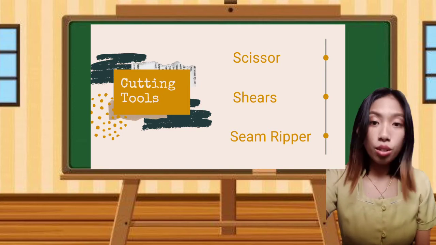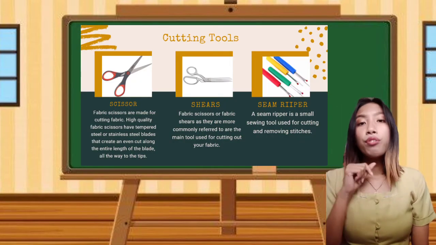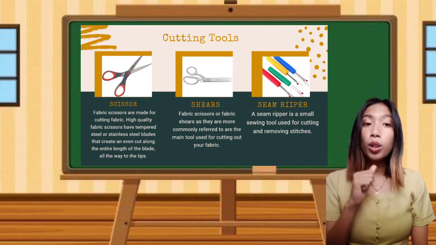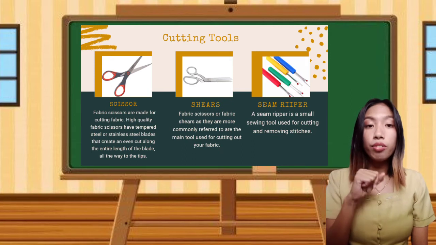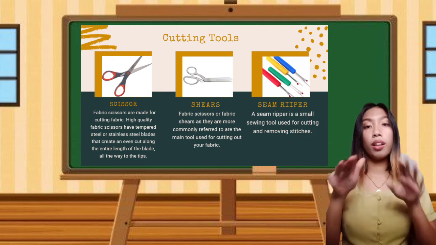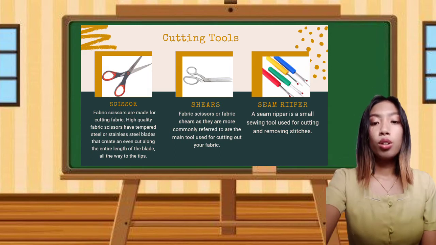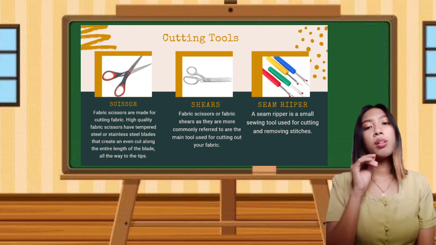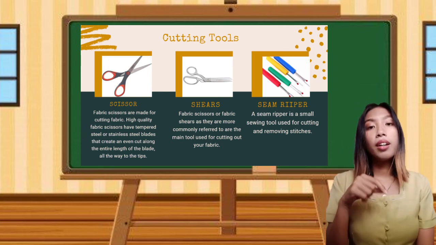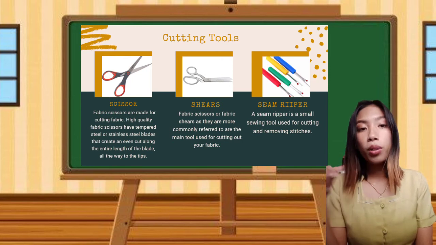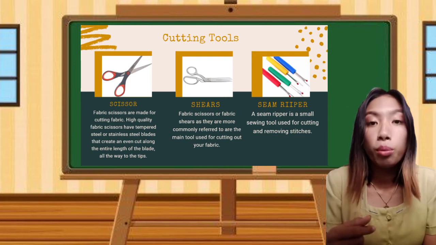Fabric scissors are made for cutting fabric, and high quality fabric scissors have tempered blades that create an even cut along the entire length of the blade, all the way to the tips. Shears are fabric scissors, or fabric shears as they are more commonly referred to, the main tool used for cutting out your fabric.